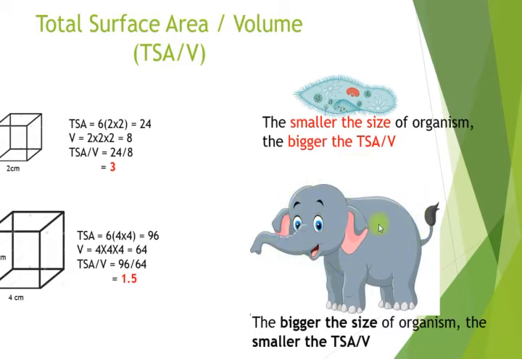I choose elephant. So the bigger the size of the organism, the smaller the TSA per V.